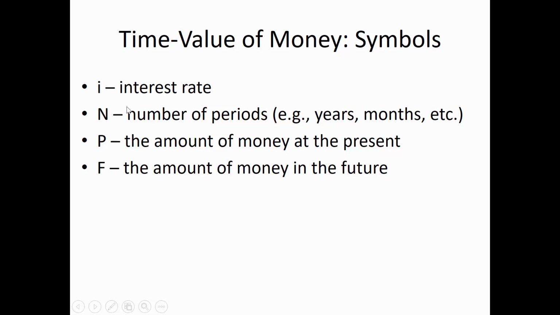If a problem has a specified number of years, let's say, that payments occur over, then we call that N. Now N means the number of periods, strictly speaking, because not all cash flow diagrams are going to be on an annual basis. Sometimes payments are monthly and cash flow diagrams are monthly, so N is just referring to a number of periods.